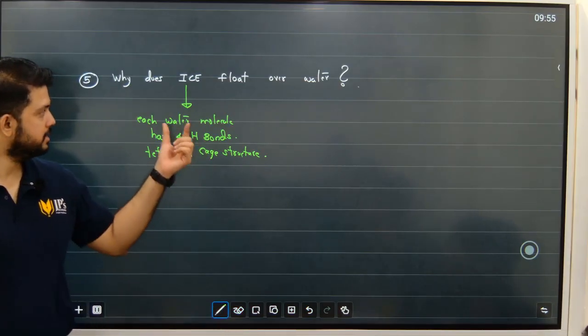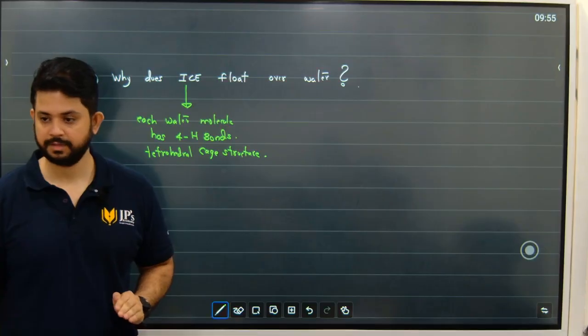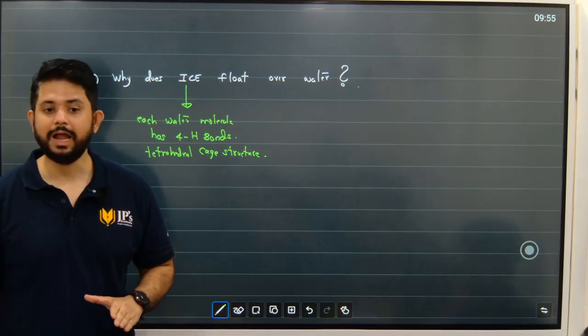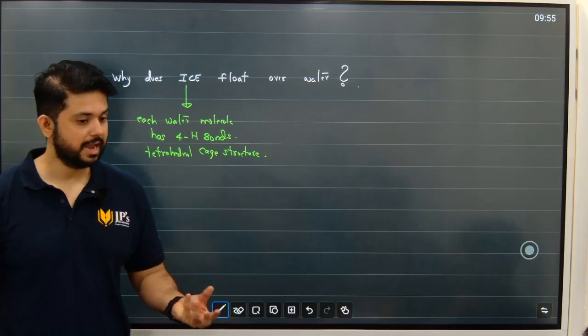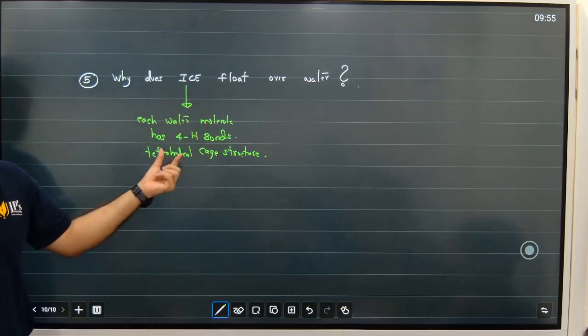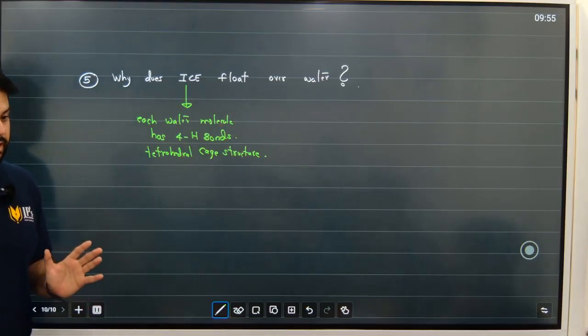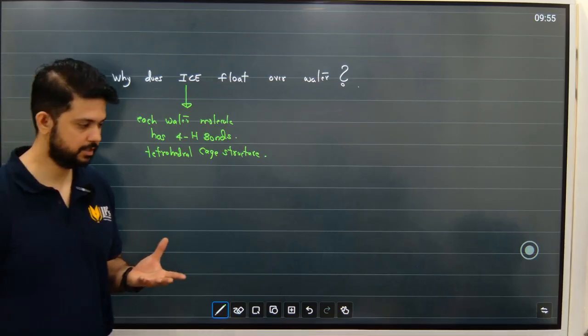The moment ice turns to water, the cage structure breaks. As the cage structure breaks, so does the bonds, and it becomes, you can say, more denser. And that is why ice floats over water. Even hydrogen bonding plays a role over here. Did you people get that? Chalo, jaldi jaldi.